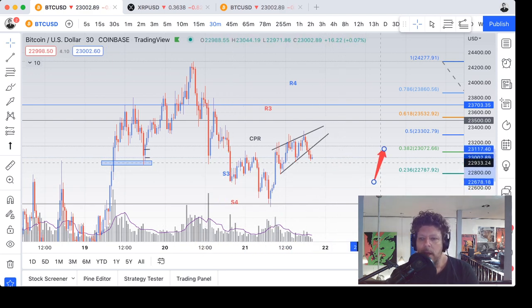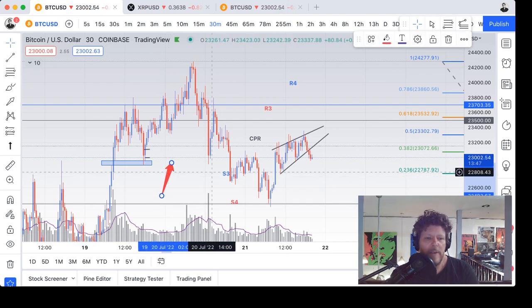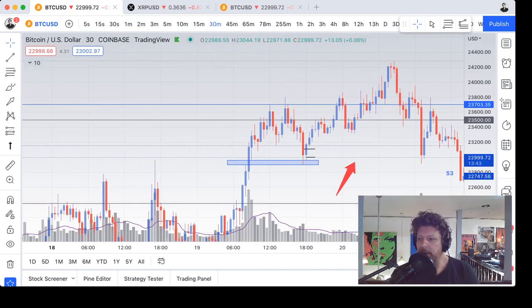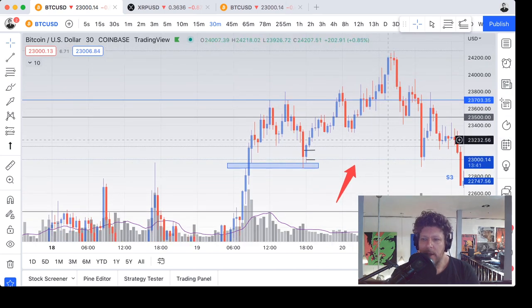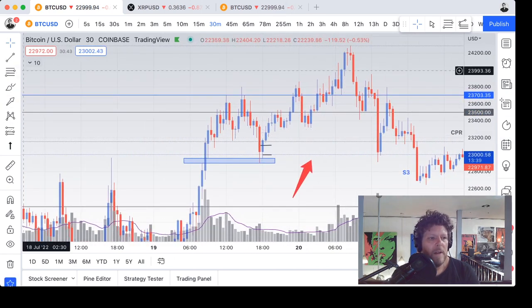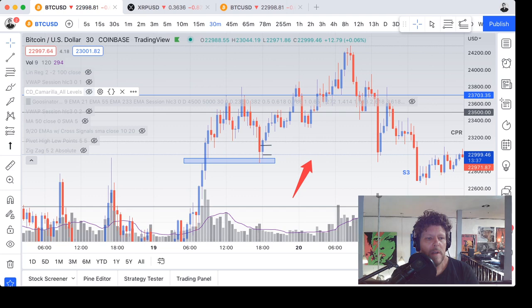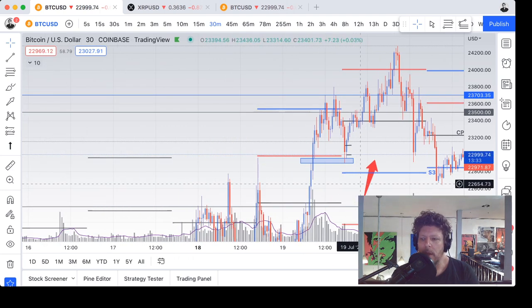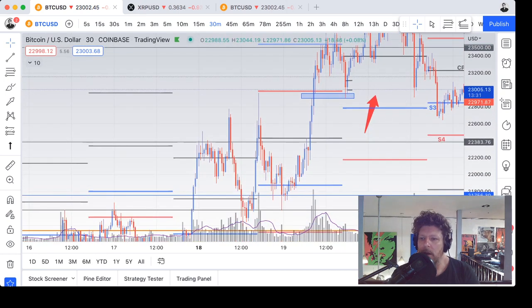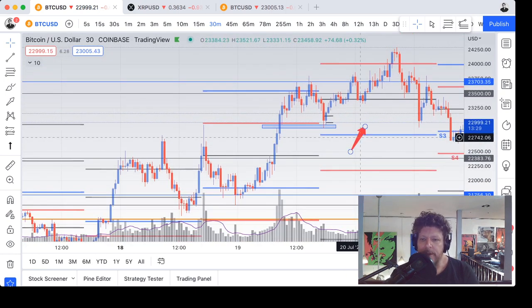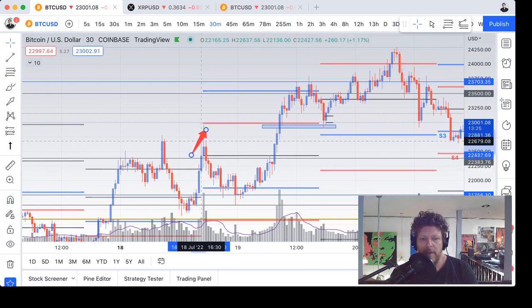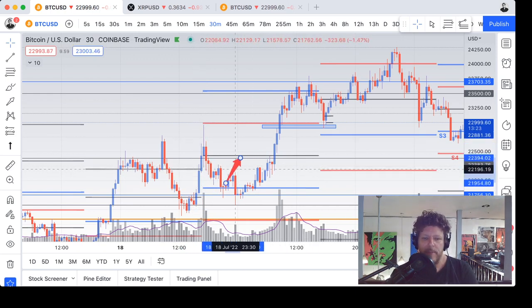Okay, and I have the cam levels marked in here too. So let's just see what the cam pivots would say. Turn those on. So looking at this previous daily move here, you can see that price opened above the central pivot, which is this black line.